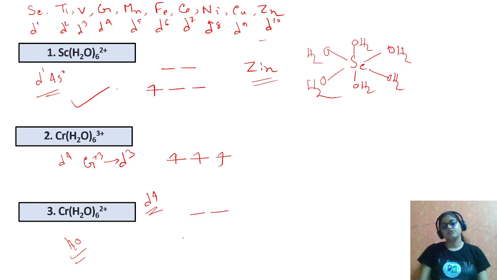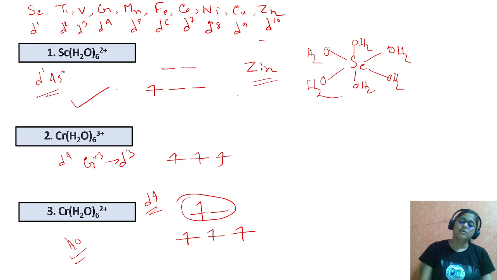Okay. So 1, 2, 3, D4 high spin, 4. Unsymmetrical filling, tell me, will it be strong Jahn-Teller distortion or weak? See, it is unsymmetrically filled in EG orbital, right? So strong distortion. Okay.